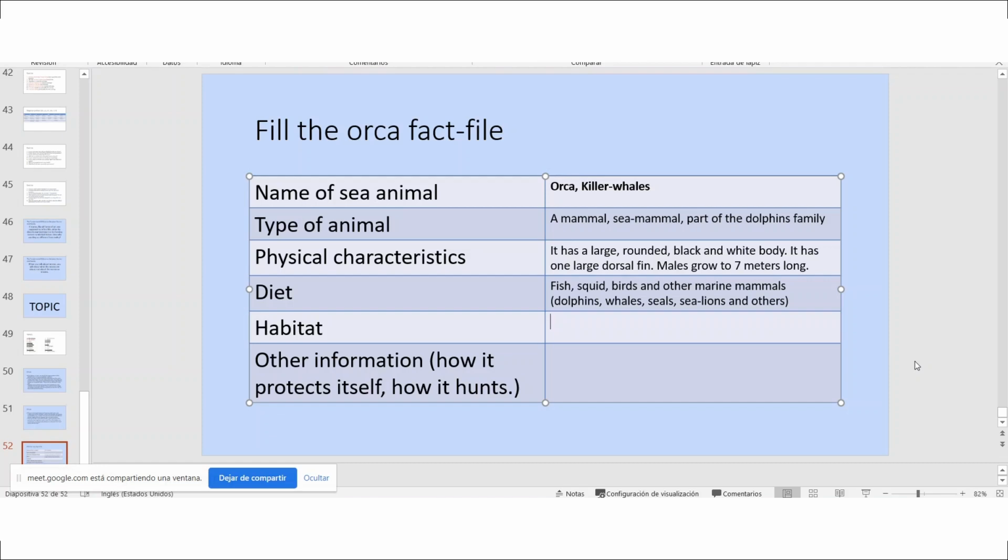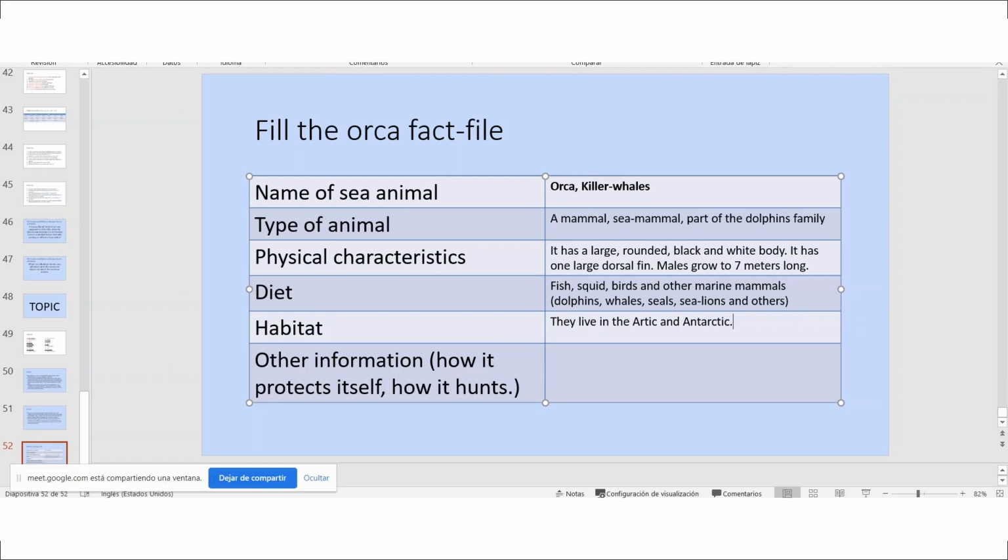In the Arctic and the Atlantic. Arctic and Antarctic. But actually they live in every ocean of the world. Yes. You can find them everywhere, in every ocean. There are orcas in the Mar de Cortés, the Sea of California.